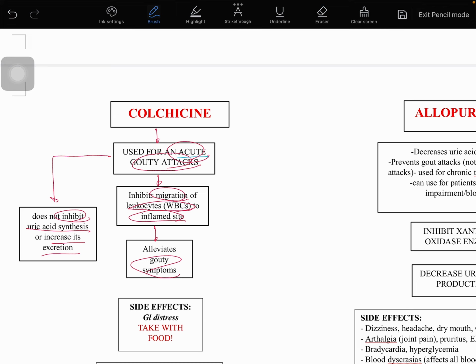And of course, wala po siyang kakayahang tumulong para ma-excrete yung uric acid natin in our urine. Basta tandaan nyo lang, ang ating colchicine, ginagamit lang po natin yan to decrease yung mismong gouty symptoms natin or your inflammation. Yan lang po solely ang action ng ating colchicine.